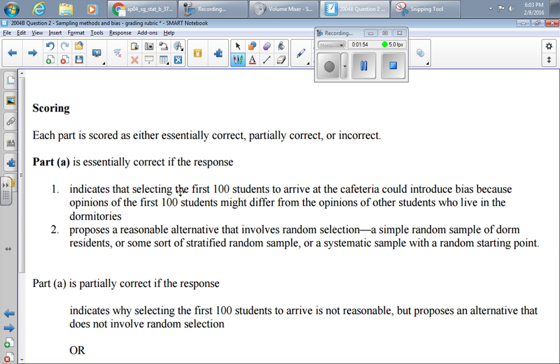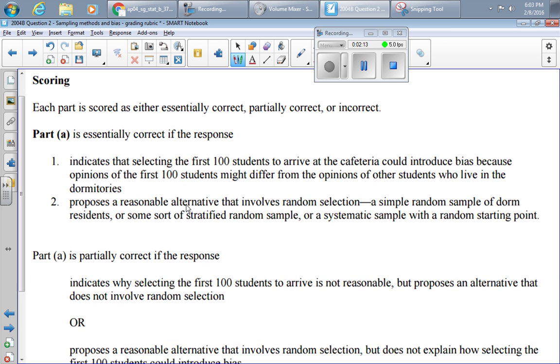And you have to propose a reasonable alternative that involves random selection. Maybe it's a stratified sample or a systematic sample with some random starting point, maybe a simple random sample of dorm residents. So a reasonable alternative with random selection. If they've done both of those things, then circle E down there at the bottom.